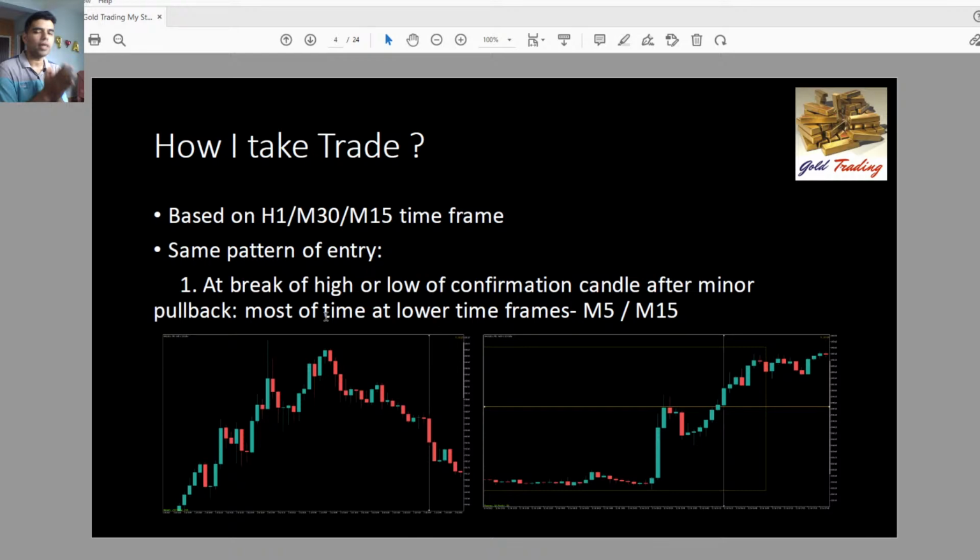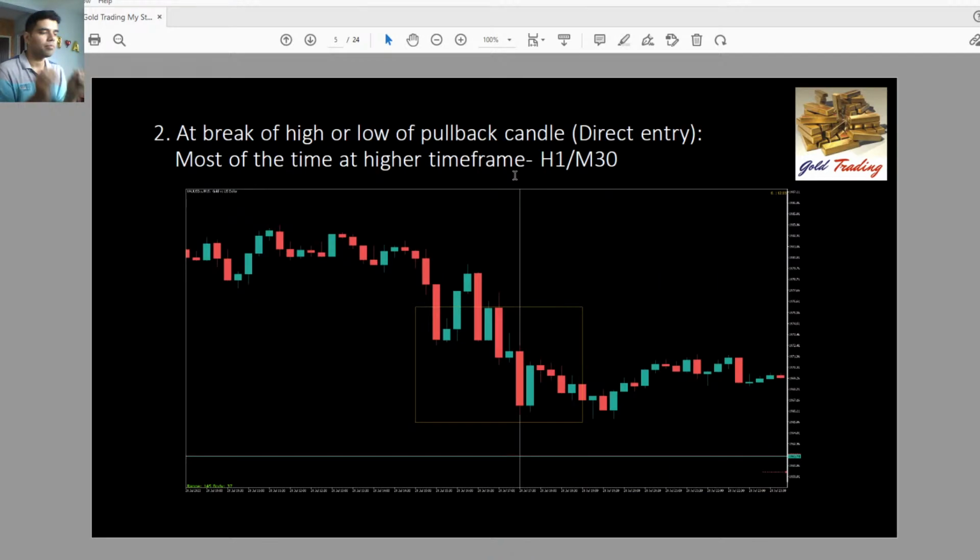So in the H1 and M30 time frame it looks like it is a direct entry. Okay guys, but most of the time when we look at the M15 and M5 time frame, it's not the direct entry. We have the full-fledged indirect way, like there is the formation of minor counter trend and there is the formation of confirmation candle, and at the break of the high or the low of the confirmation candle we take the trade.